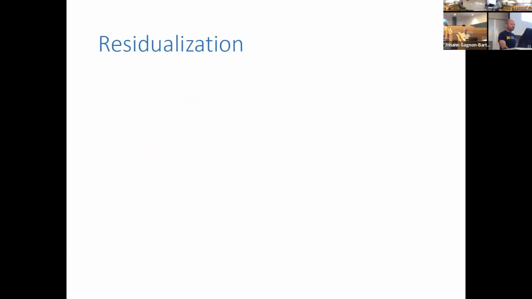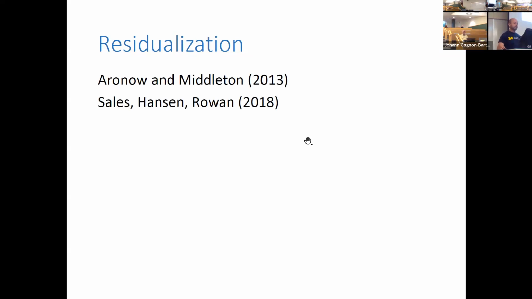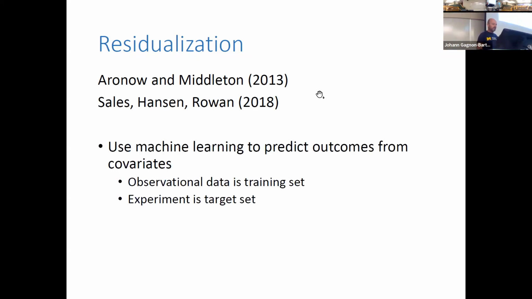Okay, so in the next couple of slides, I want to just point out that this is possible, at least. And I'm going to show this method called residualization, which has shown up recently in a couple places. It uses machine learning to basically predict outcomes from covariates.